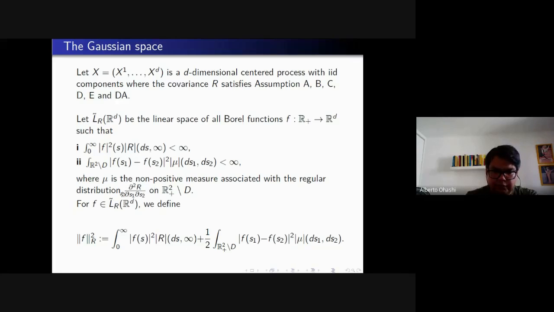Recall that the second order derivative is considered in the sense of distributions, but we assume that it's a regular distribution, and so it is represented by a measure. So this is the total variation measure of mu, and this is the total variation measure of R when you integrate only with respect to the first variable.